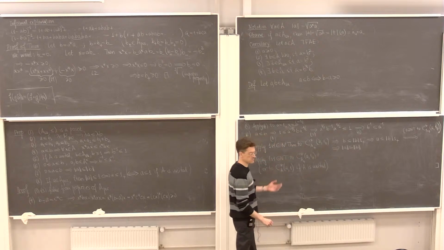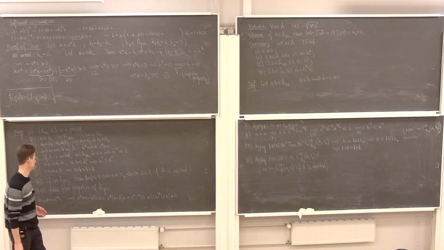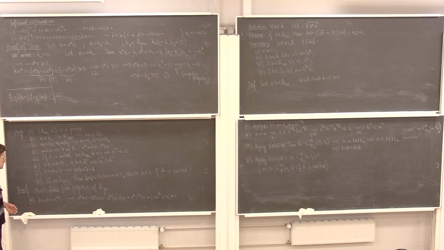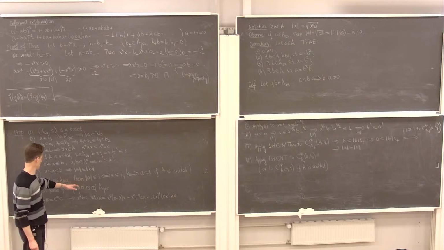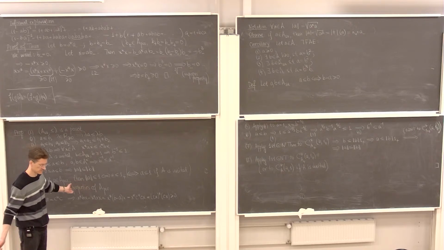So this algebra is commutative, and again, in commutative C-star algebras, that is in algebras of continuous functions on compact Hausdorff spaces, property 8 is trivial. A positive function is less than or equal to 1 if and only if its norm is less than or equal to 1.